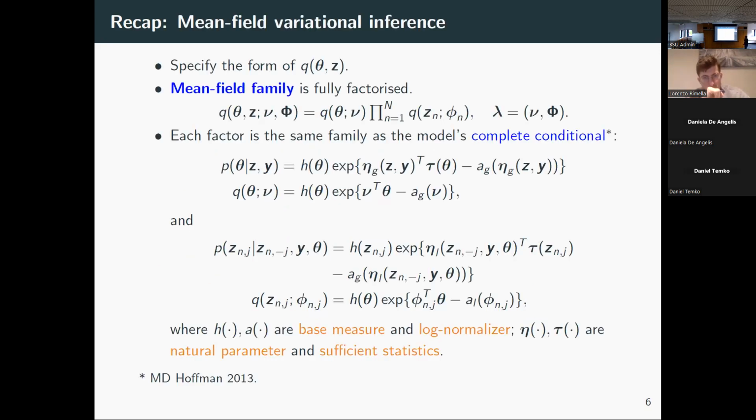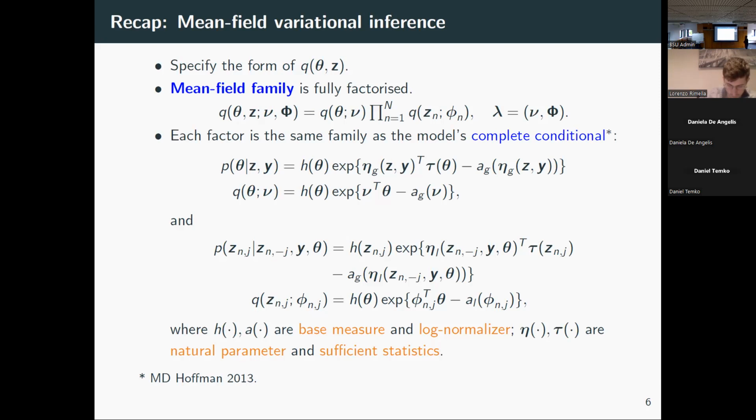So basically, the classical VI works with what we call mean field variational inference, where we take the variational distribution and use a factorized form. The main idea is that for classical mean field variational inference, you need conjugate models belonging to the exponential family.